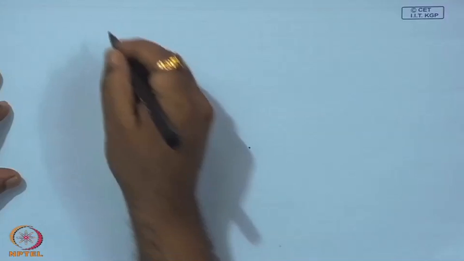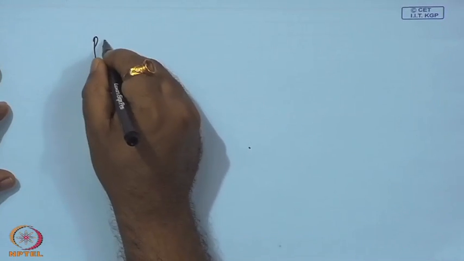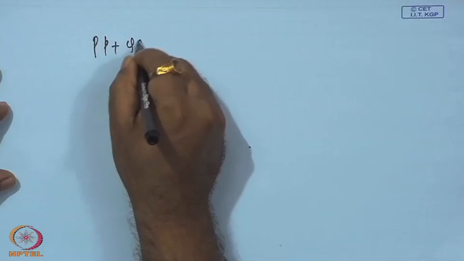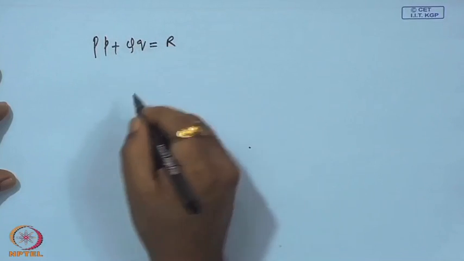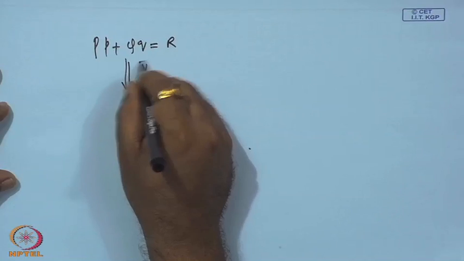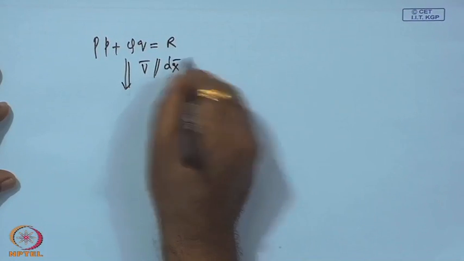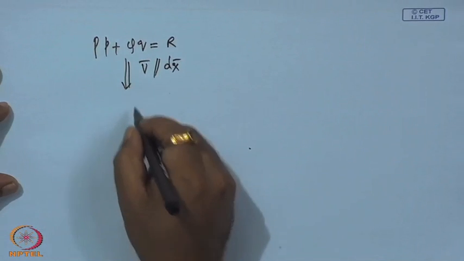So, let us briefly discuss. From this we have arrived V bar is parallel to d x bar. Okay.